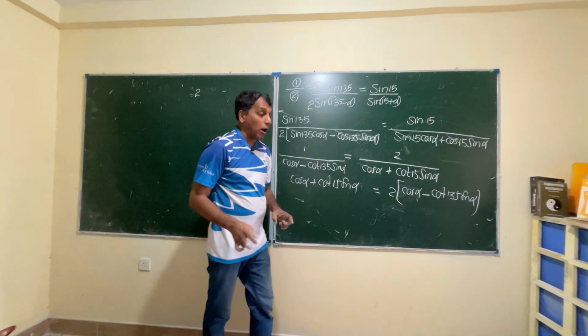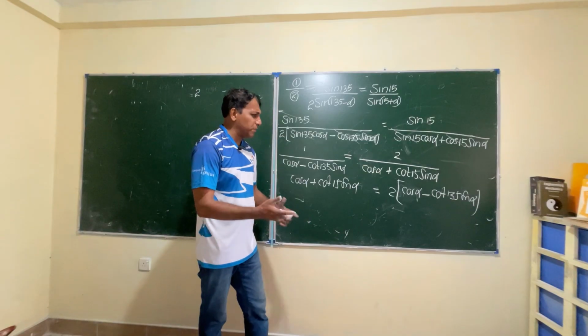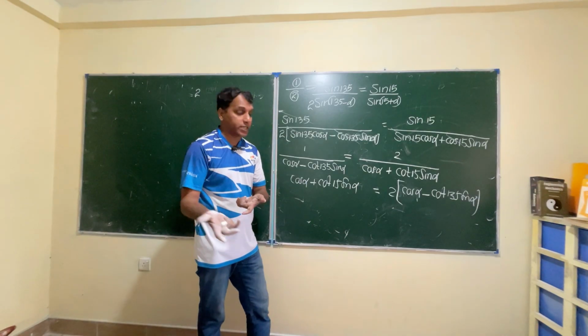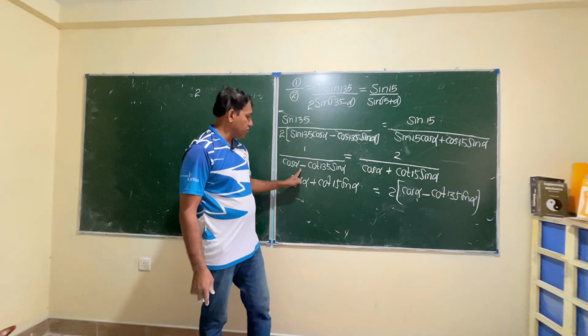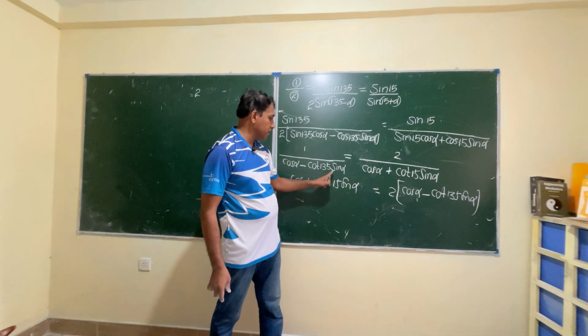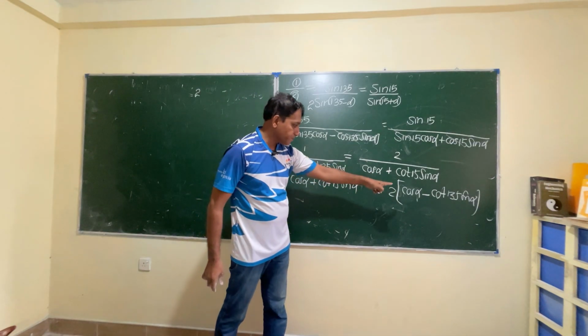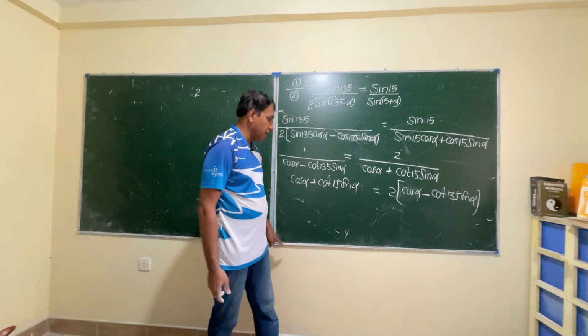Please, if you complete the problem and watch my video, then you know sometimes I'm too long. So cos alpha minus cot 135 sine alpha, and this is here, right?